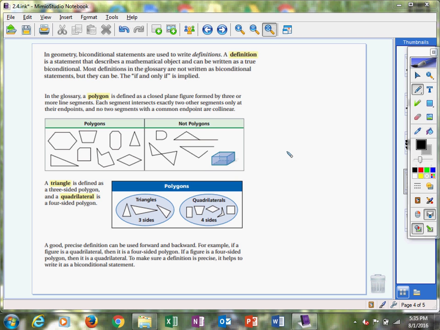If a figure is a 4-sided polygon, then it's a quadrilateral. It works forwards and backwards. It's true both ways. And to make our definitions very precise, it really does help to write them as biconditional statements first, because then you can see if it's a true conditional statement and a true converse or not. And then you can write the definition.